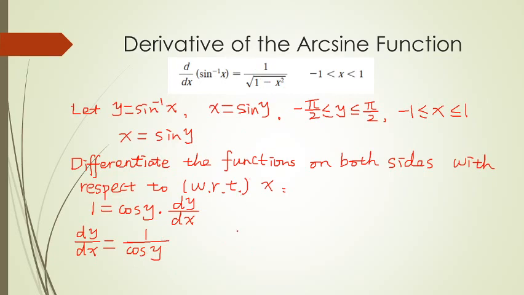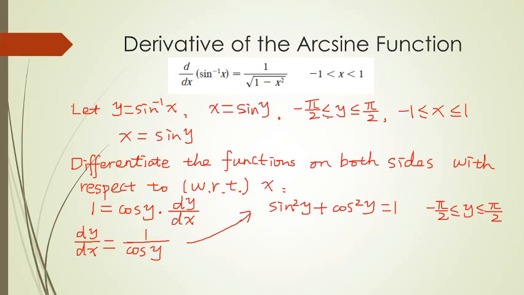Now let's recall one identity here. Let me explain this one a little bit. Sine square y plus cosine square y equals 1 for any y, right? And what is my y? My y is between minus pi half and pi half, right?